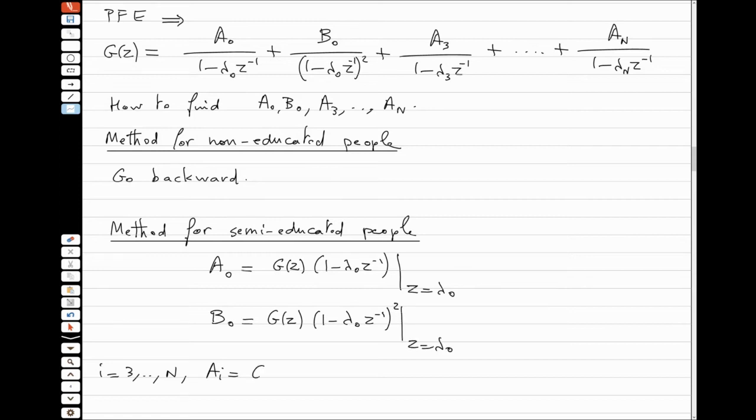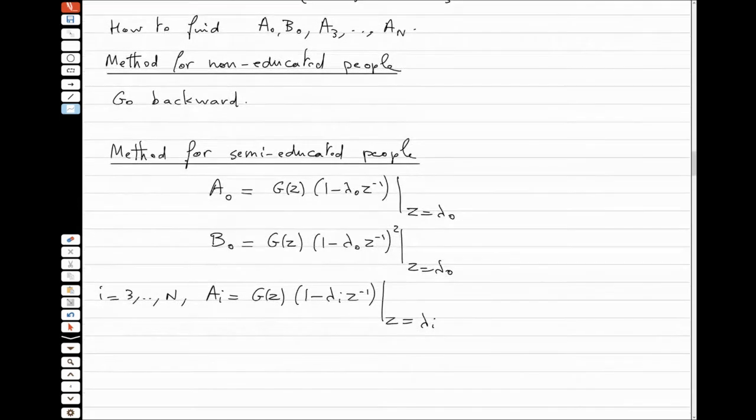And all the other ones, I believe this formula should still work. But we're going to do that together. You're going to vote for each of them, which one you think is correct.